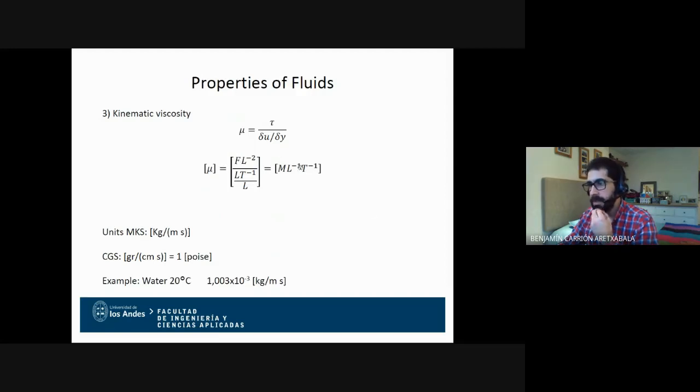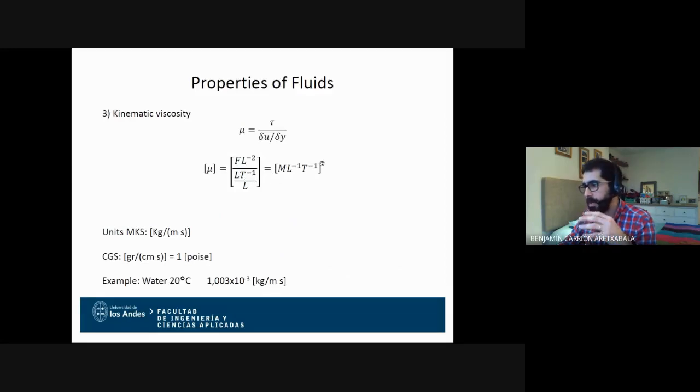These are the units of dynamic viscosity. It's a stress divided by the deformation, the strain. The stress is measured as a pressure, which could be pascals or Newton per square meter, and the deformation is measured as 1/time.